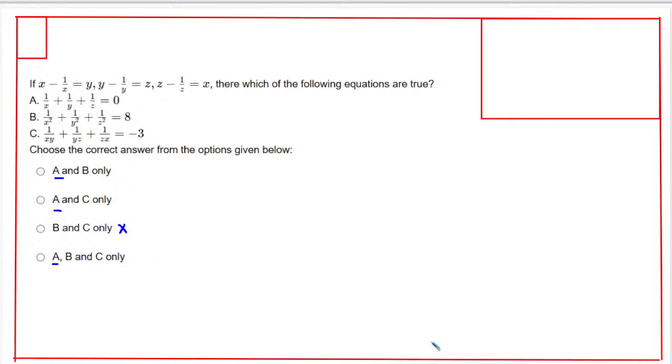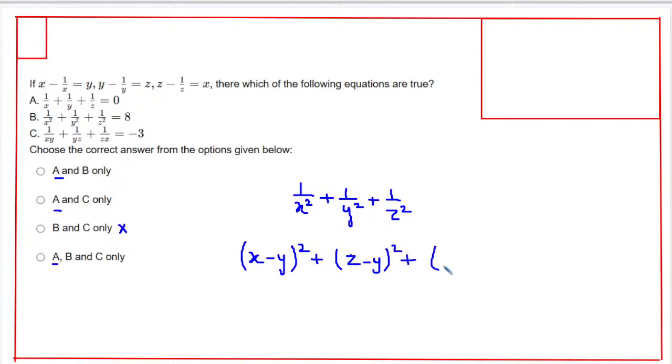This can be possible. Now we have to check the other options also. Let's check B option. So this is 1 by x square plus 1 by y square plus 1 by z square. Now what is 1 by x? We have already calculated 1 by x, which is x minus y. So this is z minus y, whatever I can write now. It is a perfect square.